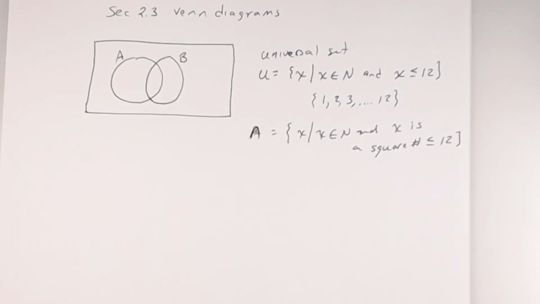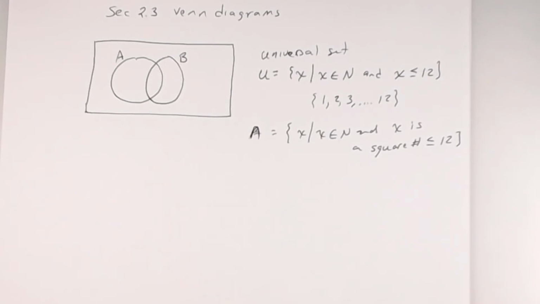So the elements of set A are the ones that are a natural number, and at the same time, must be a square number that's less than or equal to 12. Now, here's the thing, you get from a previous course, you have to know what square numbers are.